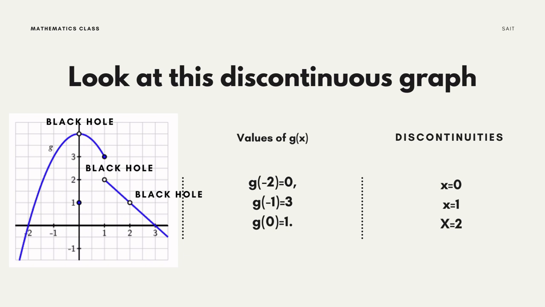So if your input is -2, your output is 0. If it's -1, your output is 3. And if it's 0, it's 1, right? But again, here there is a hole. So this is a particular case that we will discuss later on.